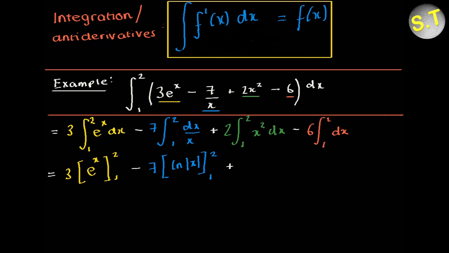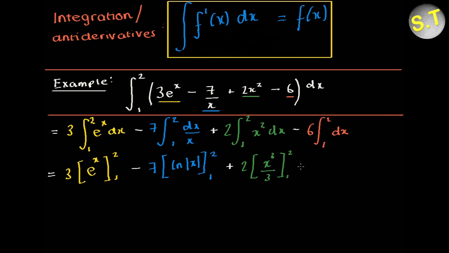plus the part in green, we have 2 times, and as we saw earlier in the reverse power rule, x squared, so we increase the power by 1, so we have x cubed, divided by the new power, and then we still need to evaluate that between 1 and 2.